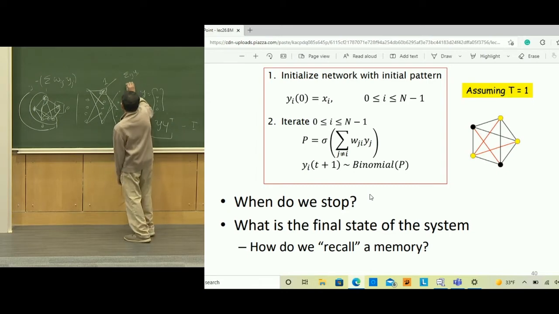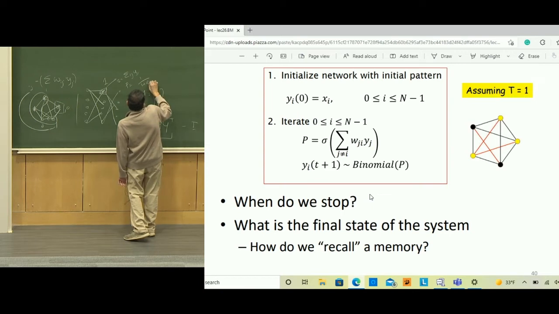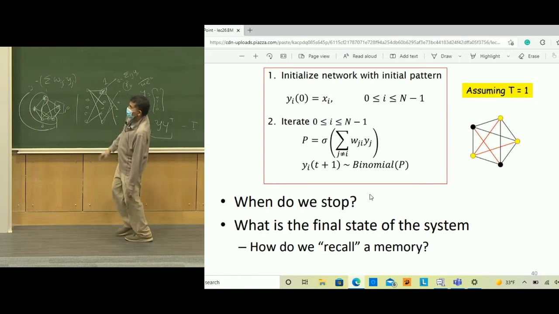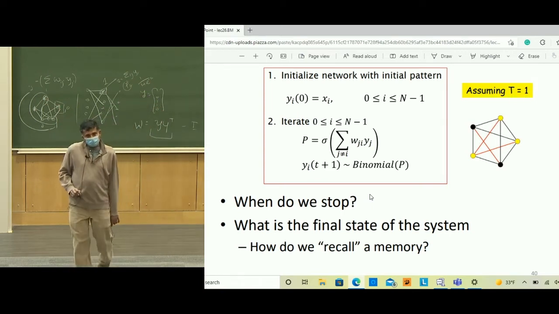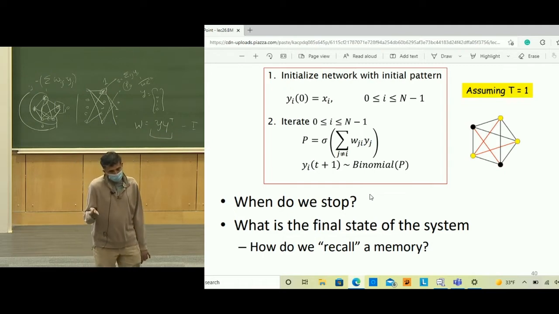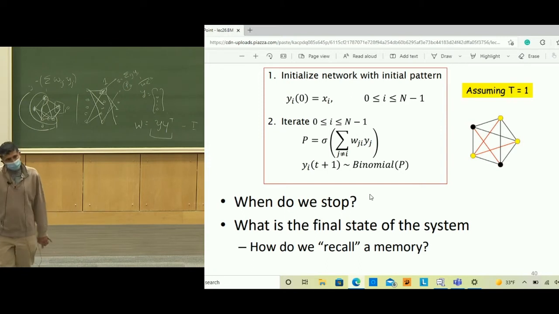And so you can say p equals 1 over 1 plus e raised to minus z, where z is the field. That's p. And then you can draw a random binary number according to p. That's what I mean by flipping a biased coin. So basically it's random number generation.